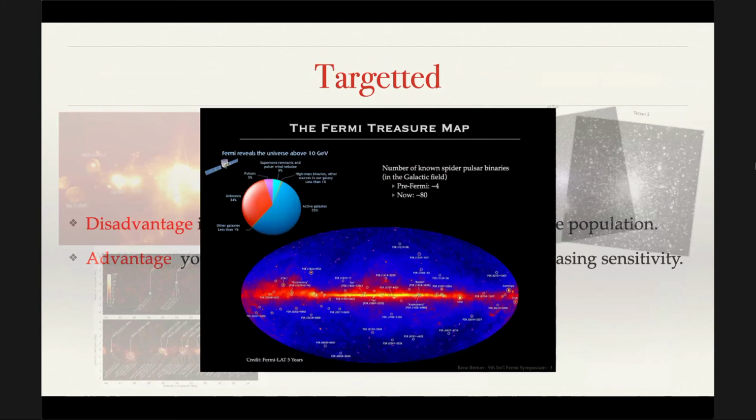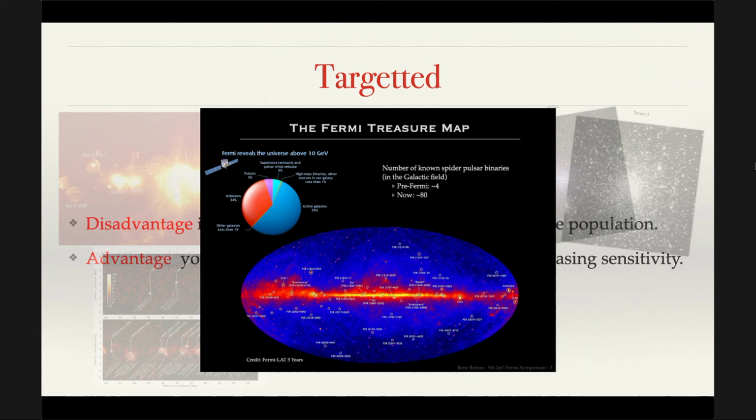And last but not least, the Fermi gamma ray satellite has identified many, many locations where there is a strong indication of a gamma ray source. And we know that lots of these gamma ray sources are associated with pulsars, and in particular, with the very fast spinning millisecond pulsars.